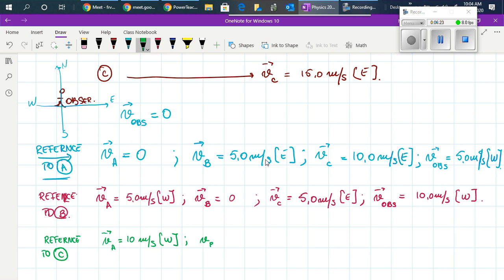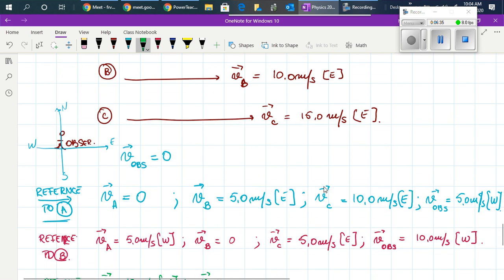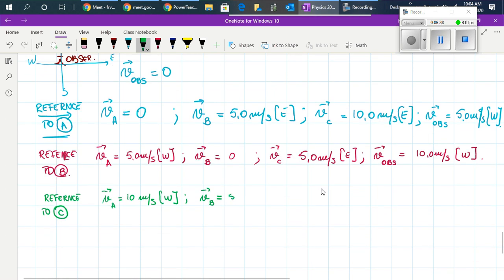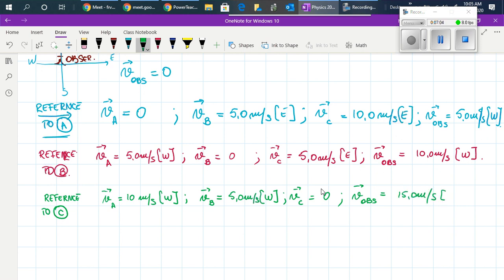And the velocity of object B in reference to object C will be 5 meters per second going west. And the velocity of object C in reference to itself is 0. And the velocity of the observer in reference to object C is 15 meters per second going west.